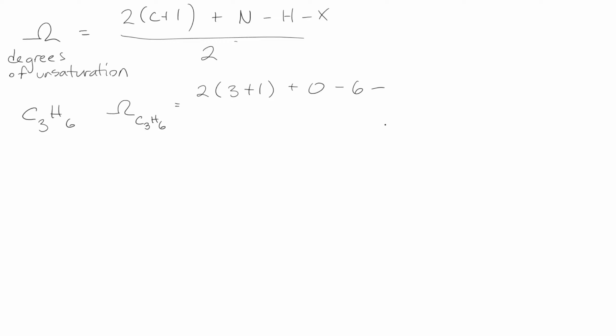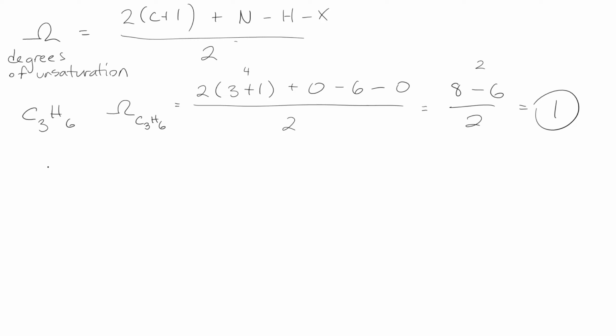There are no halogens, so no fluorines, chlorines, bromines, or iodines. So that's 0 there. If we then divide this entire thing by 2, we'll simplify. 3 plus 1 is 4, so 2 times 4 is 8. The 0s don't matter, but we do have a minus 6. So that's 8 minus 6, or 2. 2 divided by 2 is 1. So our degrees of unsaturation for this molecule is 1.